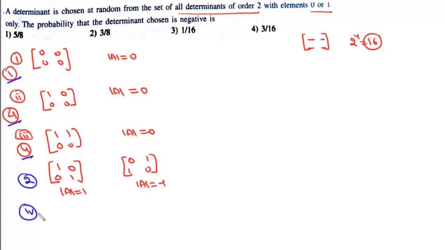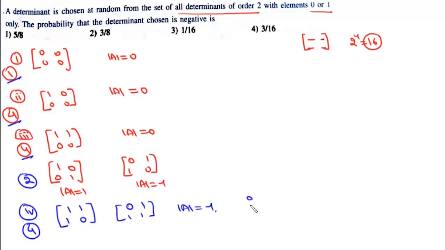Now the fourth case is when 3 of them are 1s and 1 of them is 0. So here we have 4 cases. Now in this, if 0 occurs along the principal diagonal, then the determinant will be minus 1.